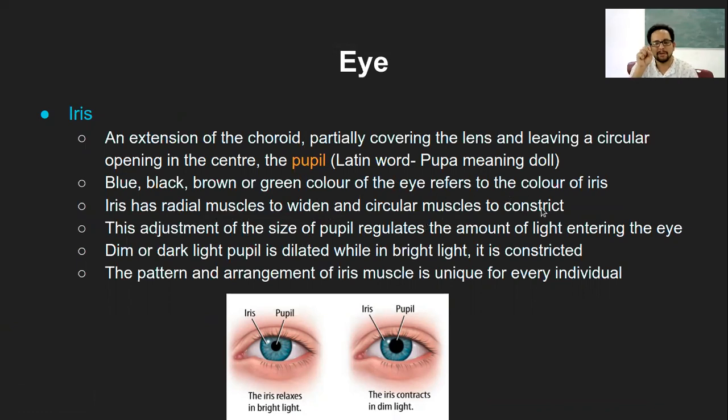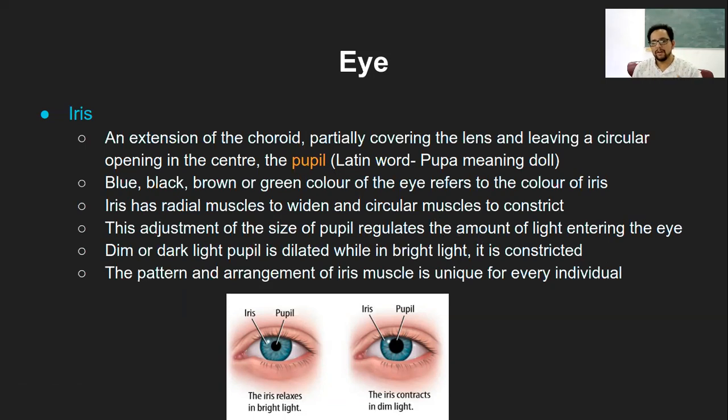When circular muscles contract, it will cause constriction of the pupil, and the adjustment of the size of the pupil will regulate the amount of light entering the eye. If you are looking at a bright object, you usually tend to squint or squeeze your eyes. That is because you don't want much light to enter the eye, and that's when the pupil size becomes very small.